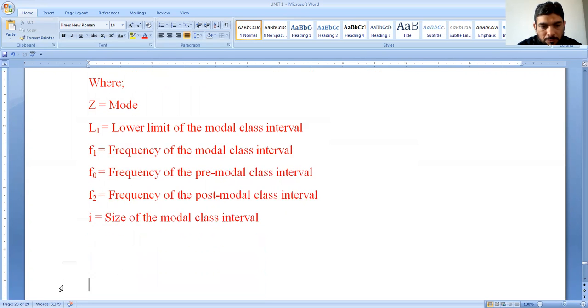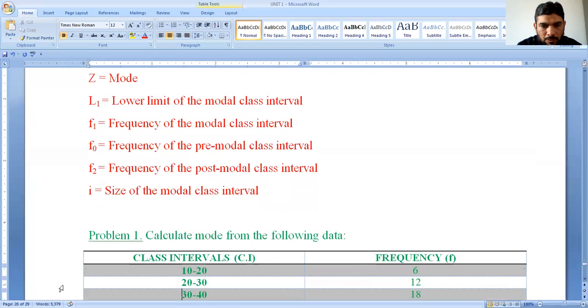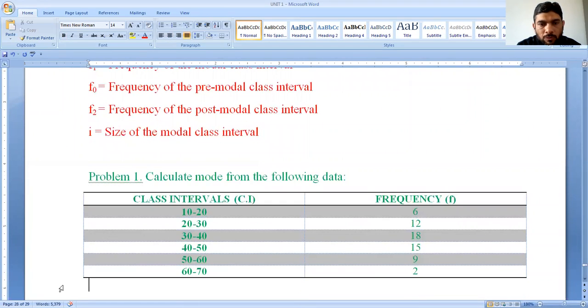So we have a question over here. Question is, find mode from the following data. Class intervals are 10 to 20, 20 to 30, 30 to 40, 40 to 50, 50 to 60, 60 to 70, and the frequencies are 6, 12, 18, 15, 9, and 2. These are the respective frequencies.